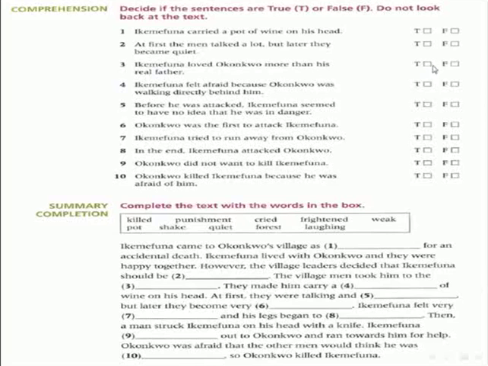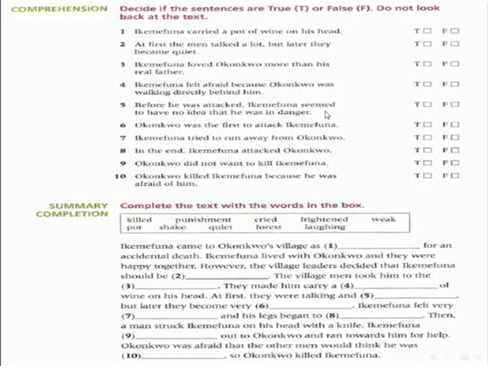Yeah, it's true. Number 4. Ikemefuna felt afraid because Okonkwo was walking directly behind him. Actually, it's false.